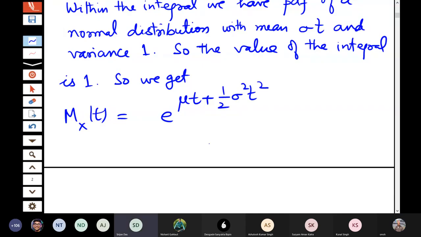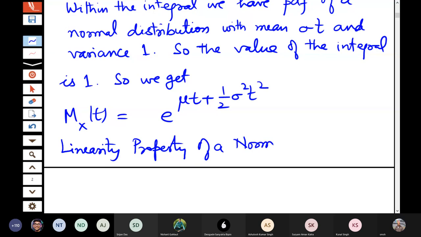Yes, sir. Now we prove the linearity property of a normal distribution. Okay. So what is the linearity property?